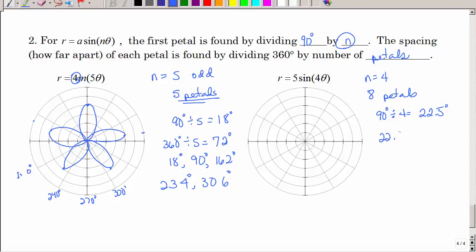So our first petal is at 22.5 degrees. And we're going to have 8 petals, so 360 divided by 8. So this is where you might want to get a calculator. We're going to add 45 to all of those.